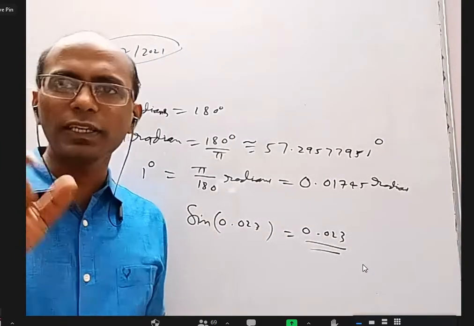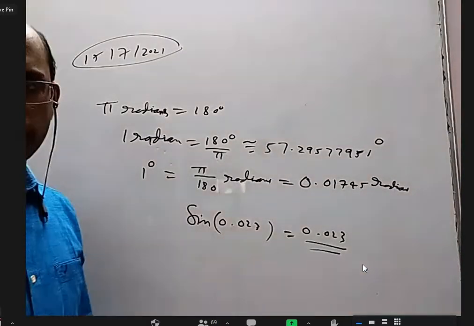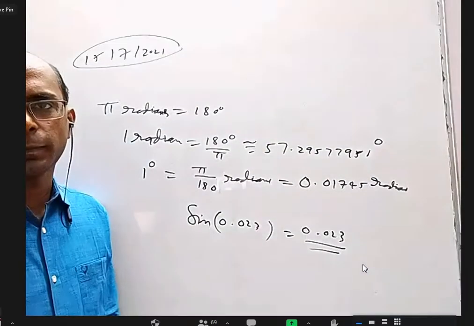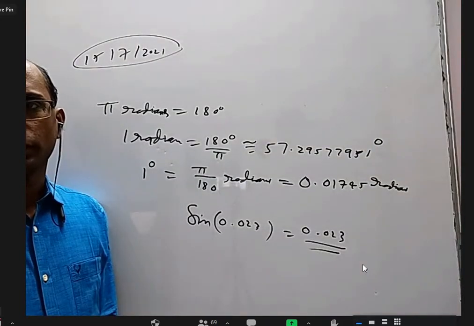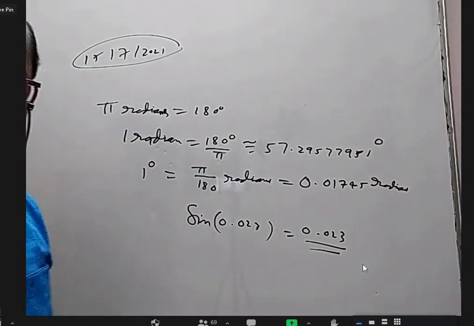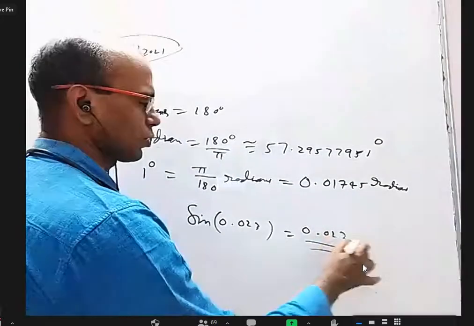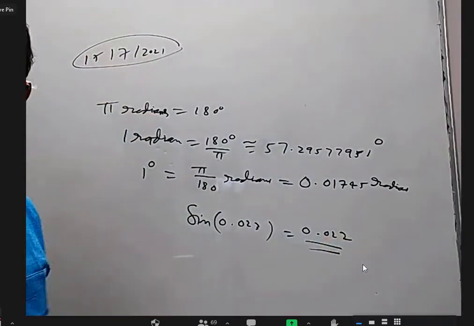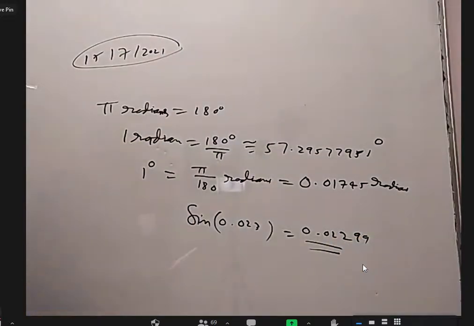Put it in radian mode and find the value of sine 0.023. Sir, 0.023. 0.022. A little more after that? 9979. Yeah, okay.